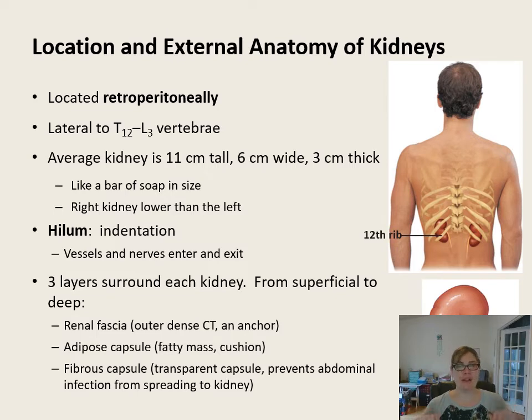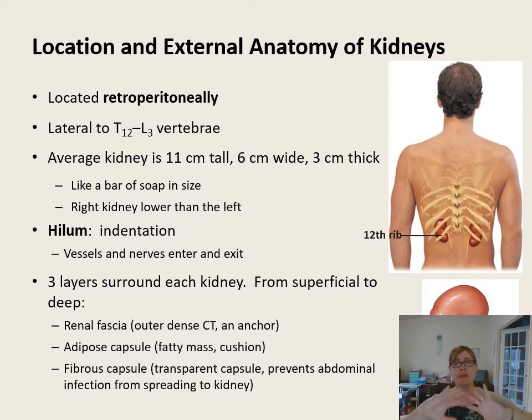So retroperitoneal means that the organs located retroperitoneally are organs that are sort of smushed to the back wall, closer to the back wall of your digestive system and excretory system.